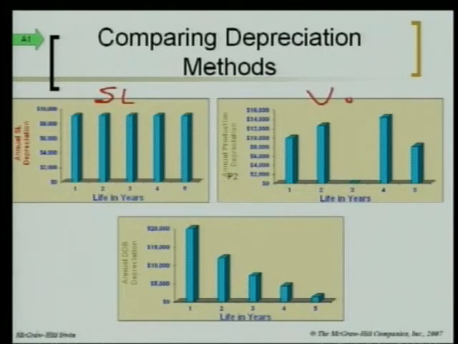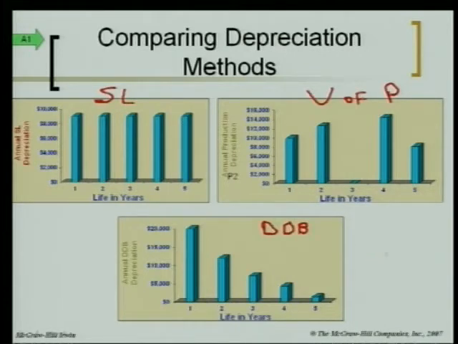The units of production is right up here, and it will change how much you depreciate each year because it's based on what your actual production was. And then this was the double declining balance method, okay? And you depreciate more in the early years and then less as the years go on, okay?